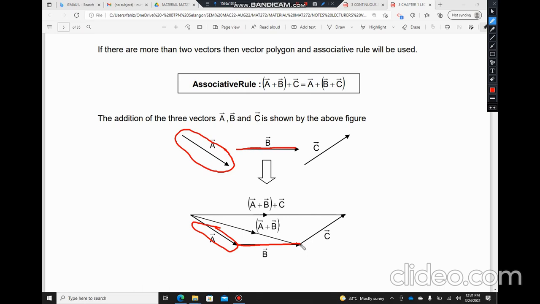A plus B dulu, and then dia akan dapat kat sini A plus B, combination kan, dia just addition. And then kita ada satu lagi C dia ke atas, so you put here C. So since kat sini adalah A plus B, kita dah tambah tadi, and then bila kita plus C, kita akan dapat yang ni adalah A plus B and then plus C. So yang ni adalah associative rule.